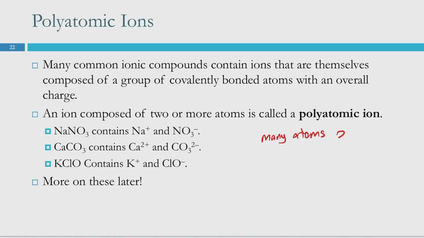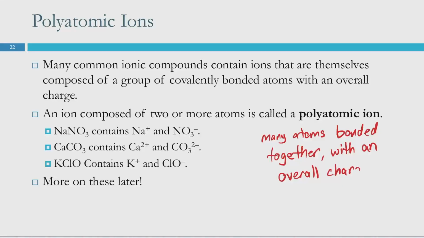So this is many atoms bonded together. They kind of travel as a unit. And the ions part meaning that they have an overall charge. We're not going to worry right now about where the charge is on the actual ion. We'll just say it has one, and it's somewhere in there.